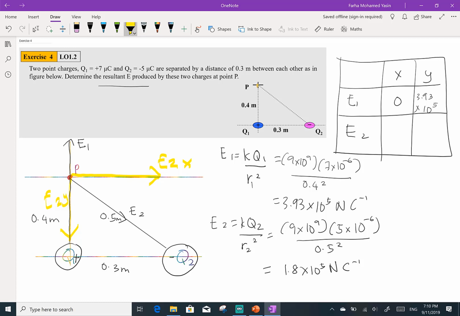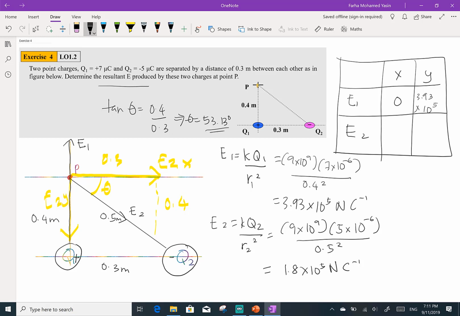Kita perlu juga cari the angle. Angle kat sini kita boleh dapat daripada value 0.4 dan 0.3. So kita calculate the theta: tangent theta equals to 0.4 over 0.3, so theta equals 53.13 degree.